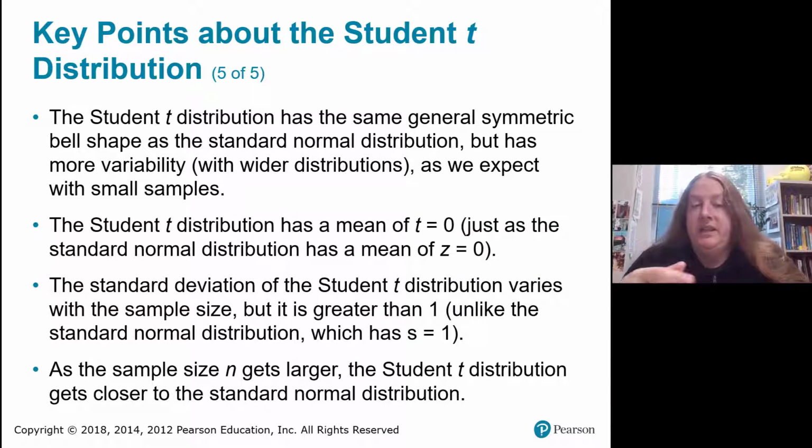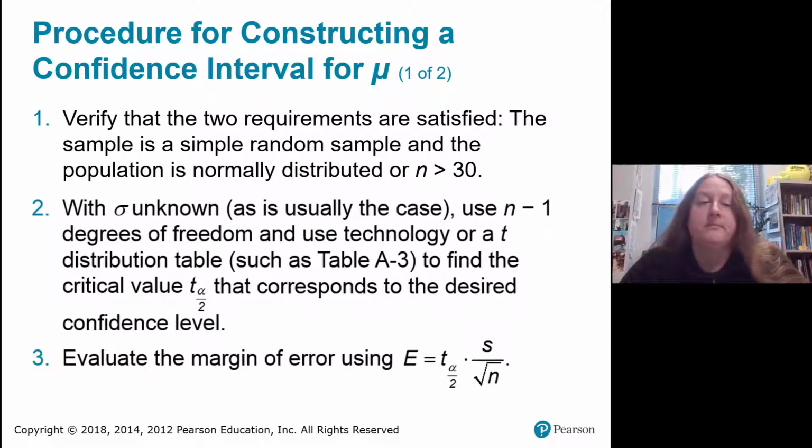So some key things, again, symmetric about 0, t equals 0, and its standard deviation is going to be greater than 1. And again, as n gets larger, it gets closer and closer to the normal distribution.